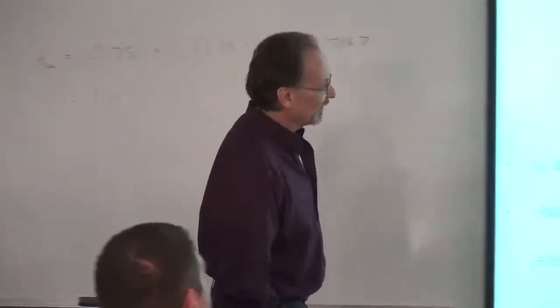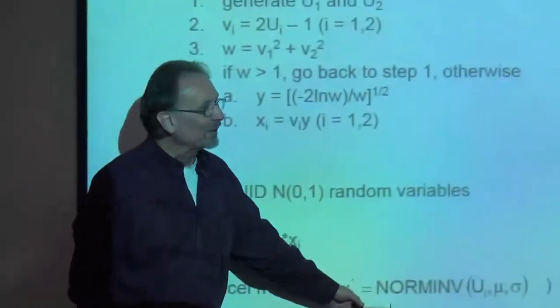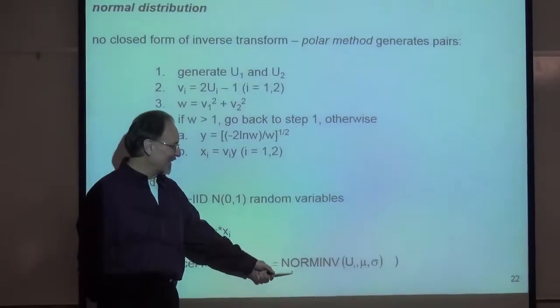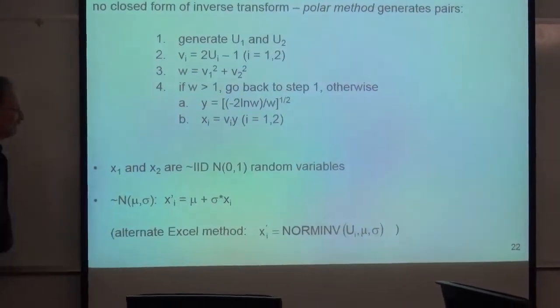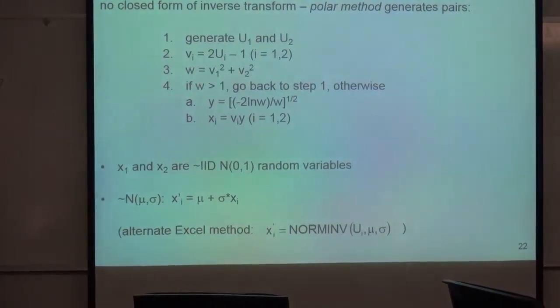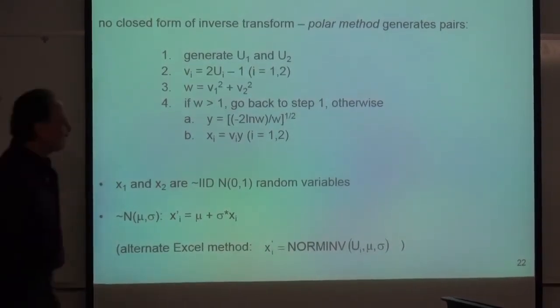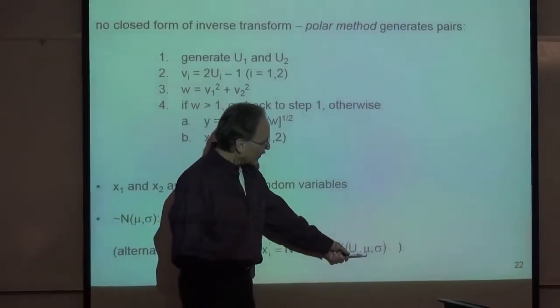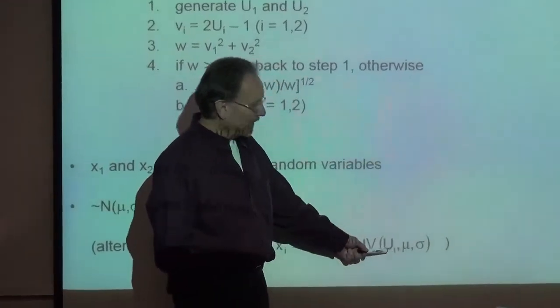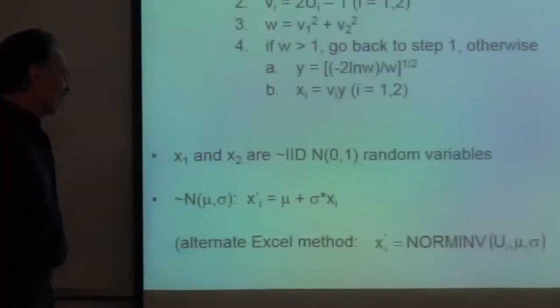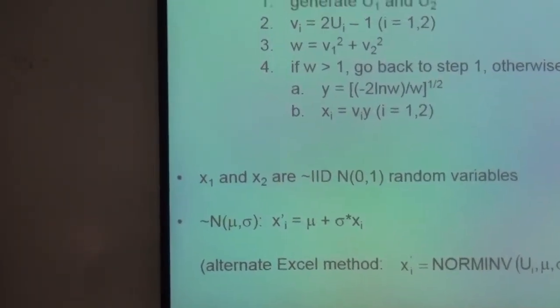I'll cut to the chase here. Probably this is what you're going to want to use, this function in Excel, because that's going to generate the normally distributed random variable. If you have a known mean and standard deviation, and then you put in your random number, your u sub i, it'll generate a normally distributed random number.